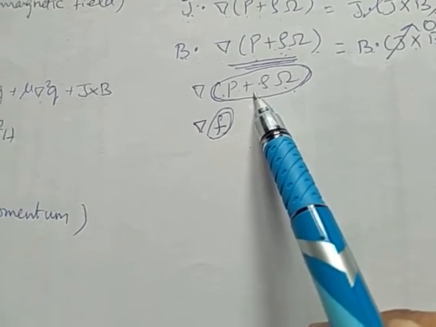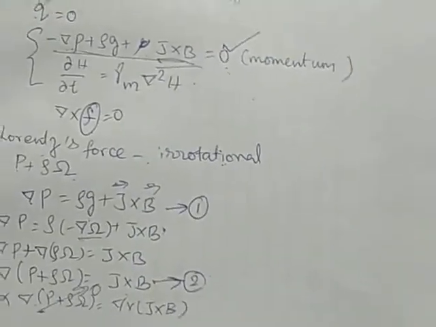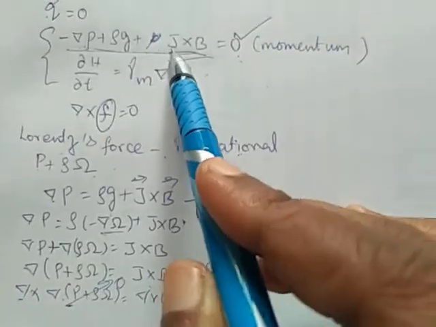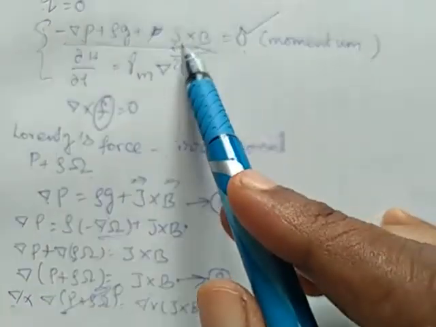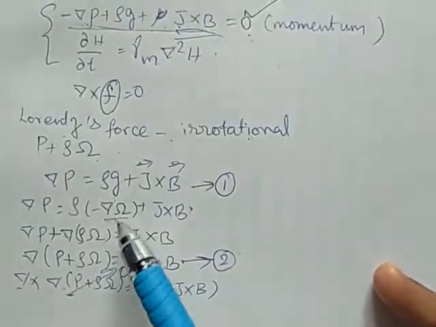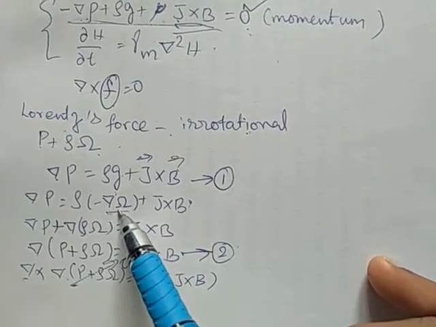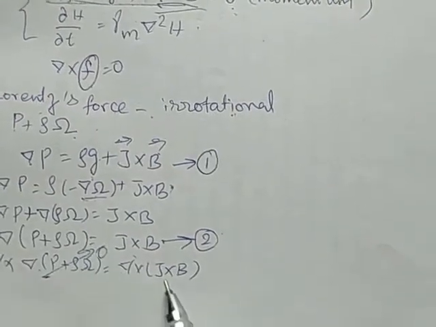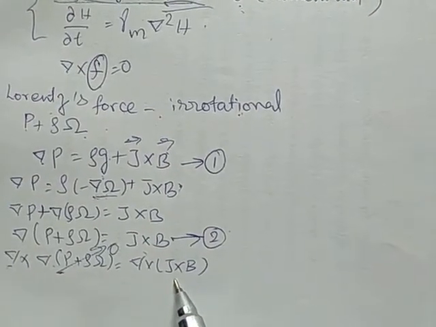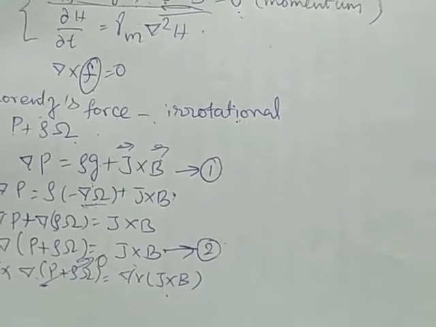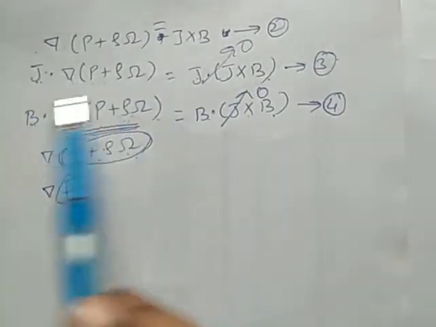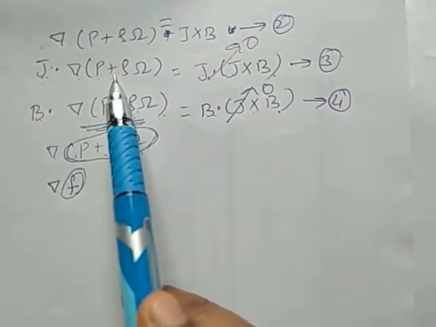Correct? So first, to prove the Lorentz force is irrotational, we consider the momentum equation. In the momentum equation, G is conservative, so just substitute G as minus del omega. Group the terms and take the curl on both sides. We will get that the Lorentz force is irrotational. To prove the current lines are perpendicular, I take the dot product with J. From this, we can prove that current lines are perpendicular to this surface.